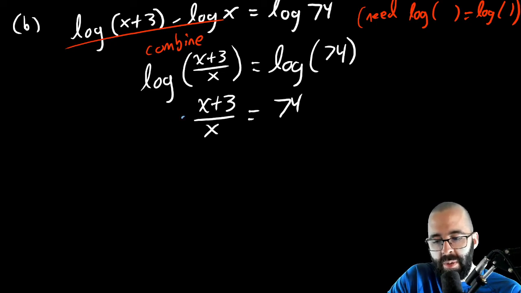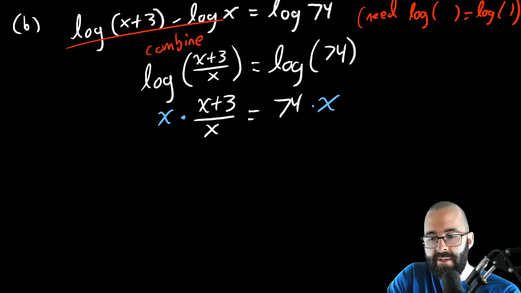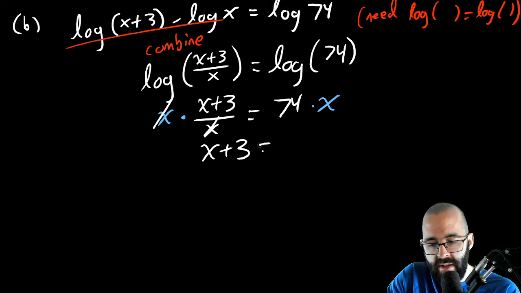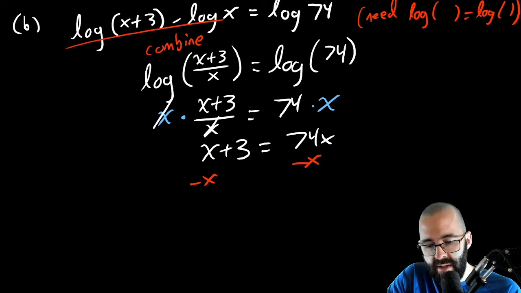How do we get rid of a variable in the denominator? Multiply both sides by x. It's going to give us x plus 3 equals 74x. Subtract an x on both sides. You're going to get 73x equals 3. Or x is equal to 3 over 73.